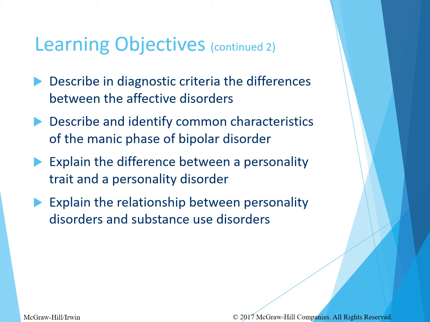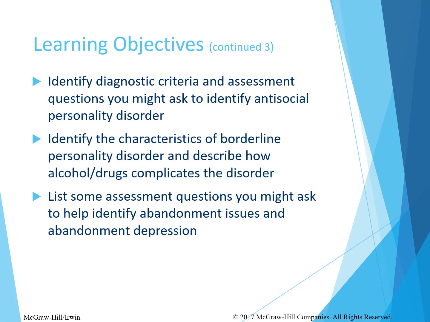You will be able to explain the difference between a personality trait and a personality disorder, and you will explain the relationship between personality disorders and substance use disorders. 2 of the personality disorders that are most commonly associated with substance use disorders are antisocial personality disorder and borderline personality disorder.